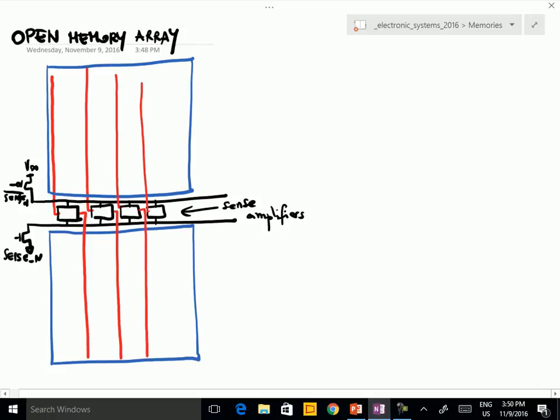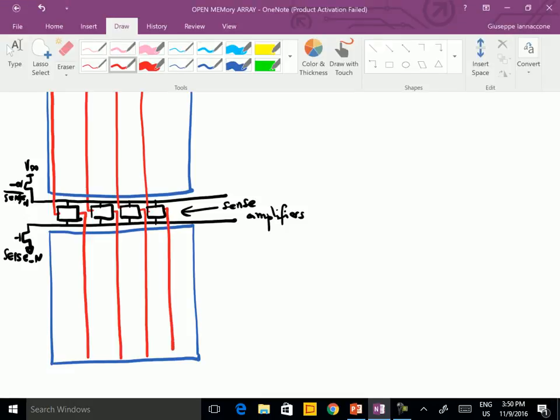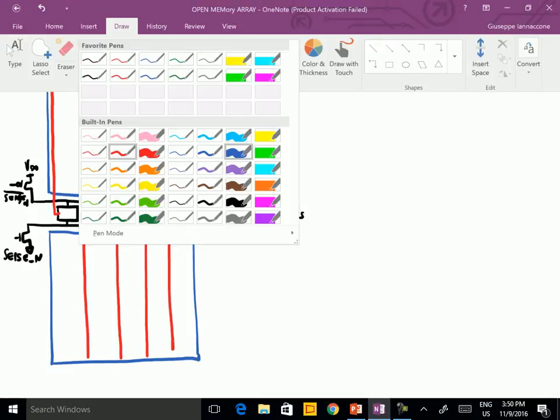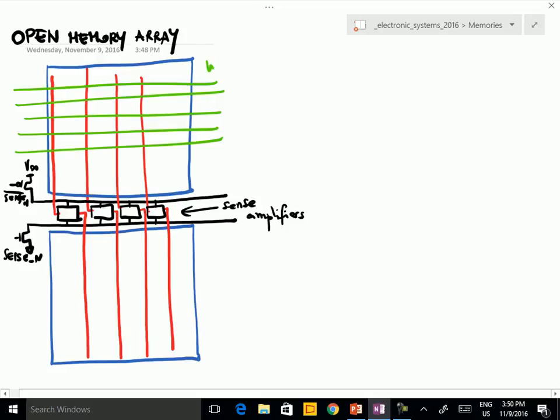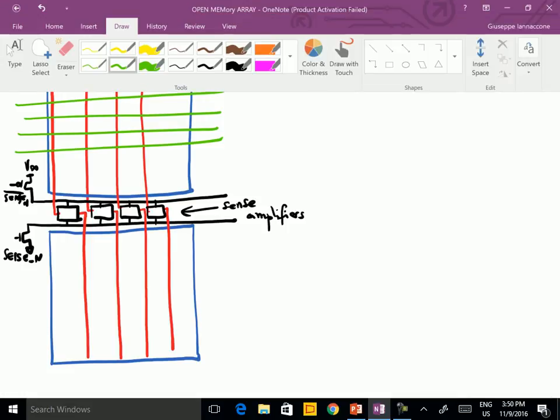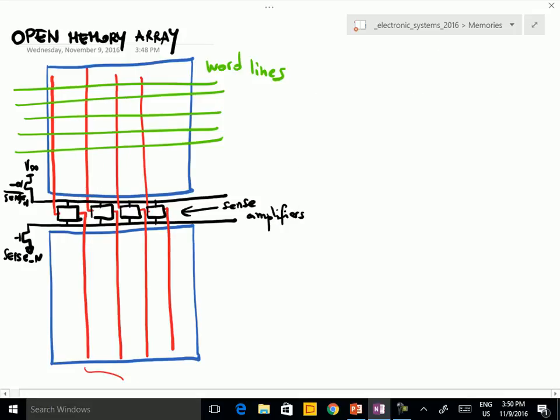Of course, the two roles can be exchanged. And then we have all the word lines that go in this direction. So these are the word lines, and of course these red ones are the bit lines.